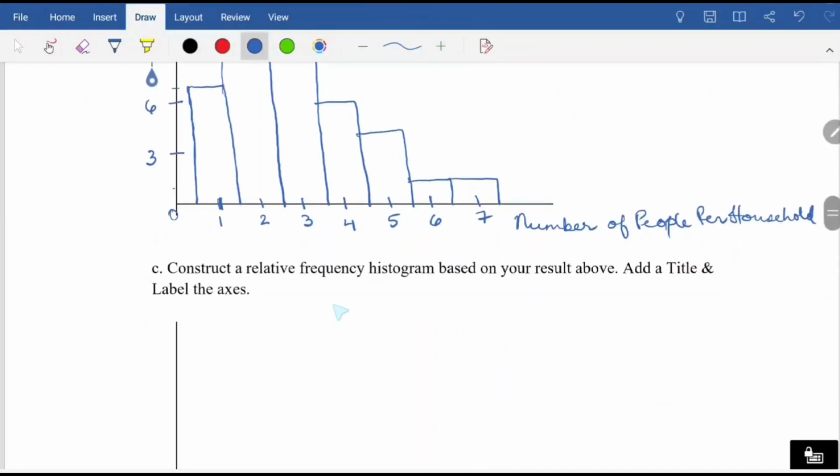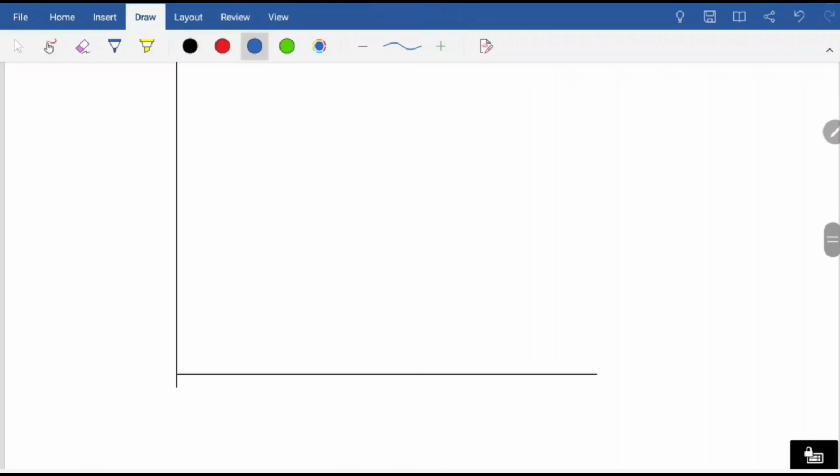For the relative frequency histogram, which is the next part of the question, again, you can use the same labels and the same titles. Again, divide your x-axis the same way. So we'll have here 1, 2, 3, 4, 5, 6, and 7 roughly.